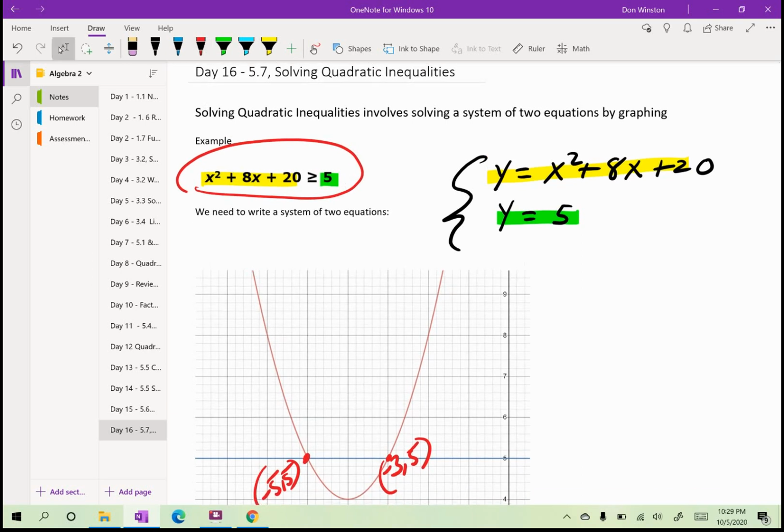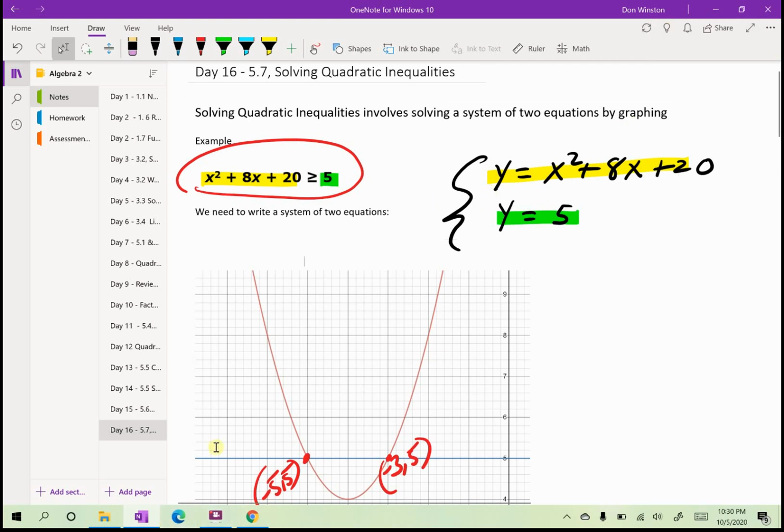I can just start with guessing, like what happens if x is equal to 0. I'd have 0 squared plus 8 times 0 plus 20, and that would be 20, and certainly that would be greater than or equal to 5. But the easiest thing to do is just to graph it, and then interpret the graph.